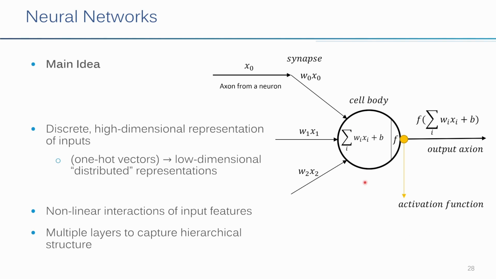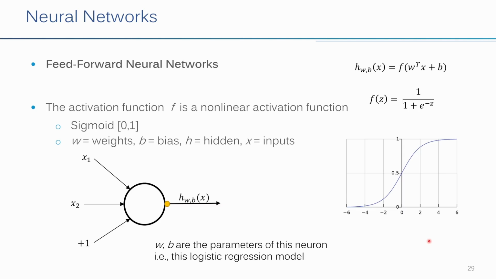And of course, this can be composed into multiple layers for our own purpose. It's not like we just have one node that concatenates every single input; this node can be multiplied into several different nodes, and we have a concatenation of different layers as well. The first model that we see is the feed-forward neural network model, in which we have one simple activation function f, which acts as our nonlinear activation function.